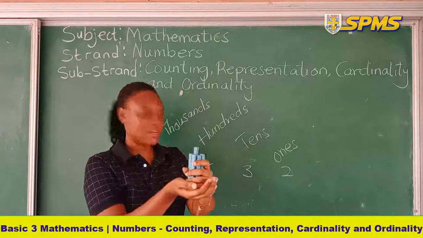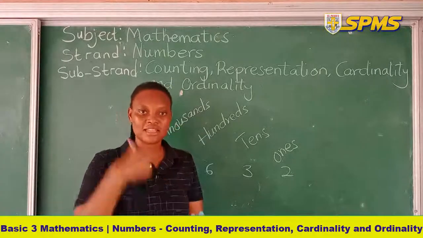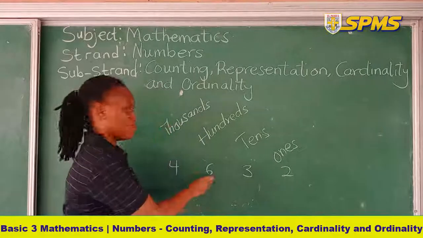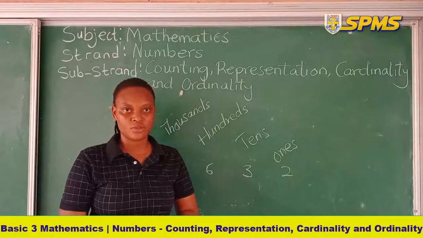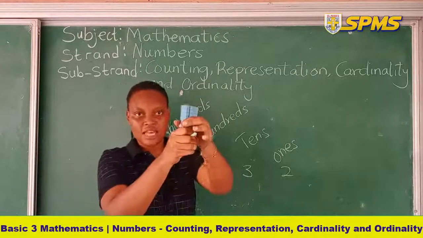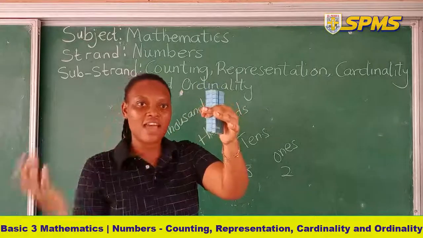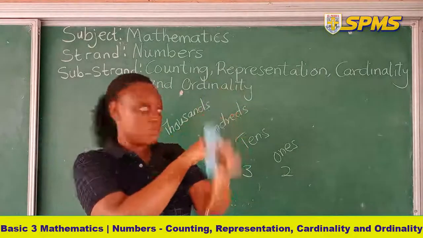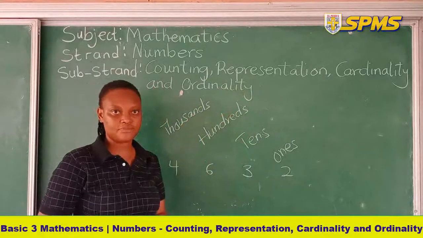So 10 plus another 10 plus another, 6 of them will give you 600.